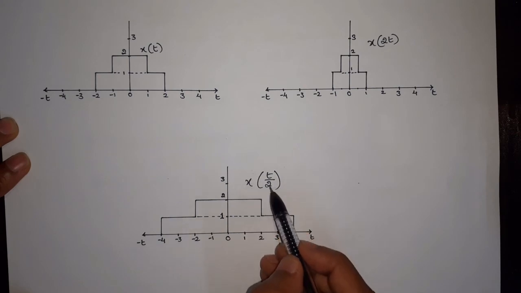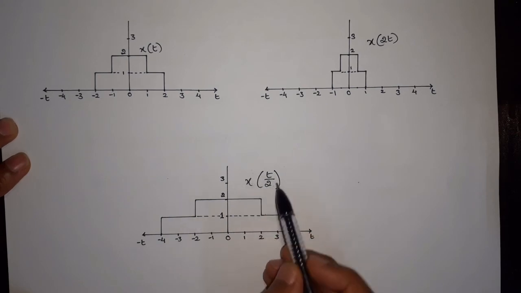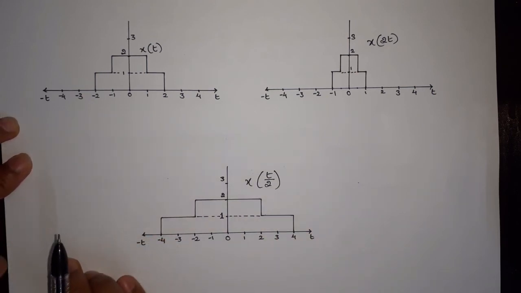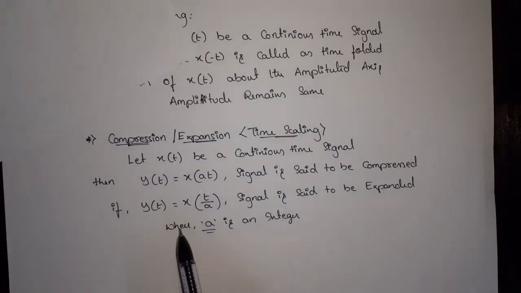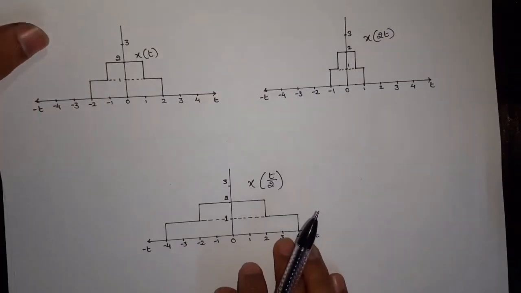Similarly, for x of t by a, now we put a equal to 2, x of t by 2, then the signal is expanded. As we said, for x of t by a, the signal is expanded by a times.